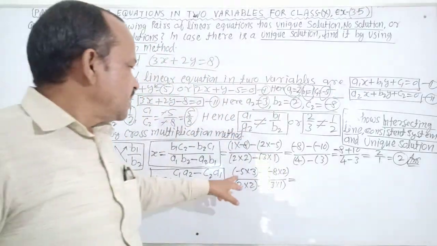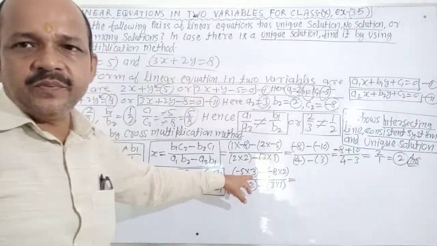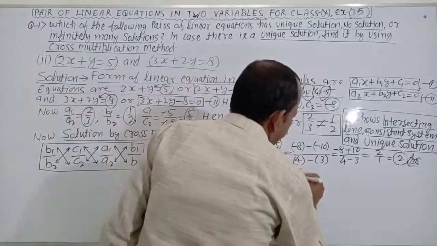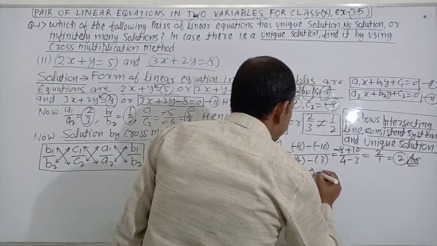Clear? Here minus 5 multiply 3 it become minus 5 3s are 15, minus 15.